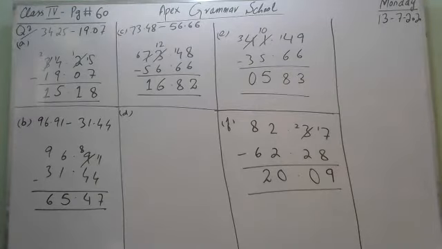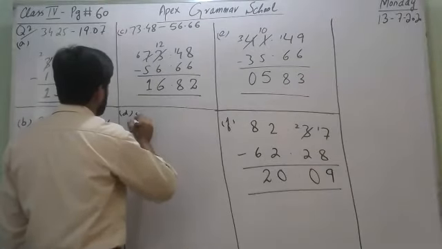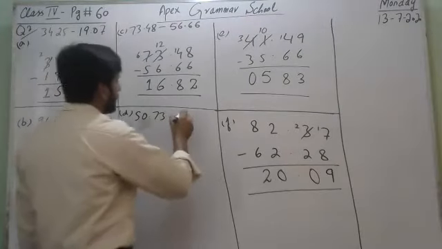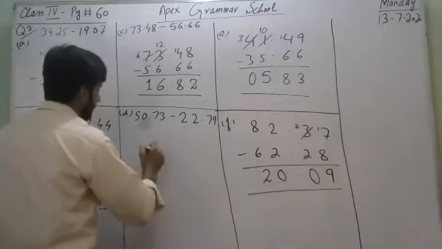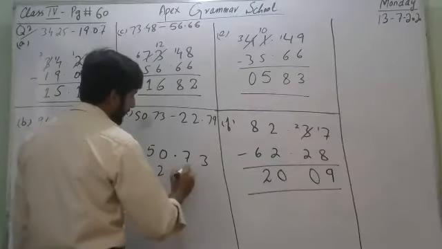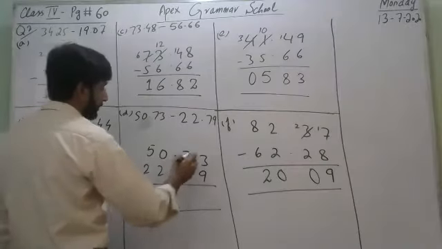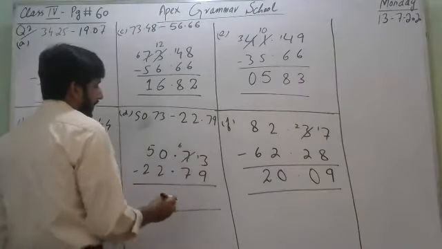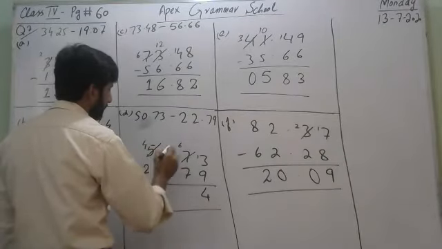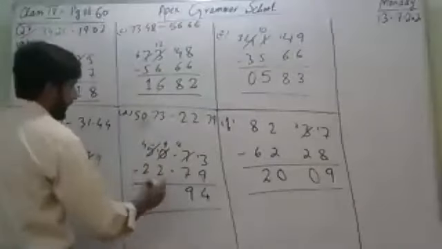D part is 50.73 minus 22.79. 50.73 minus 22.79. 13 minus 9, this is 4. 16 minus 7, this is 9. 9 minus 2, 7.